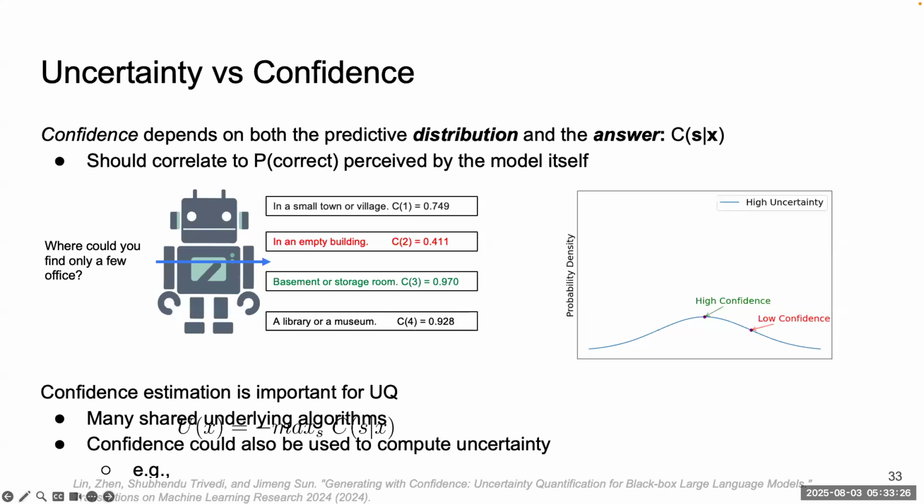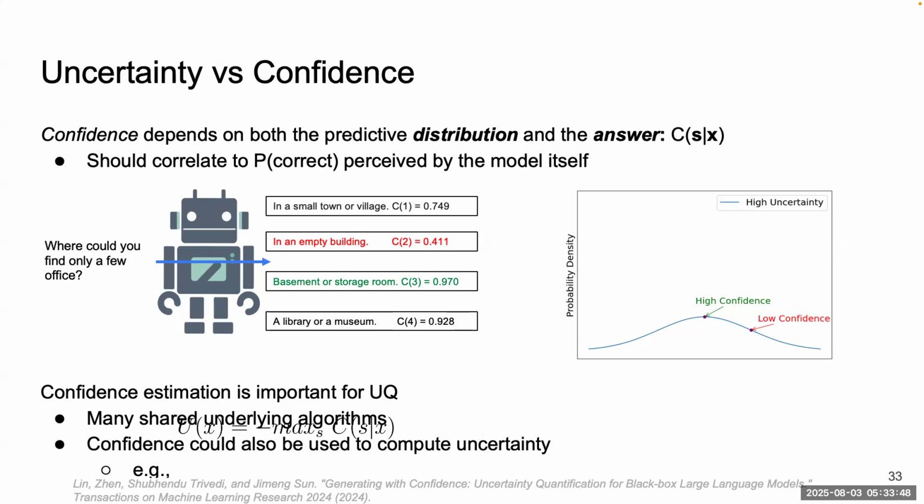We have the overlap issue here, but basically confidence estimation highly overlaps with uncertainty as well. They share many algorithms between confidence and uncertainty quantification. A lot of the algorithms can be used for both uncertainty and confidence estimation.